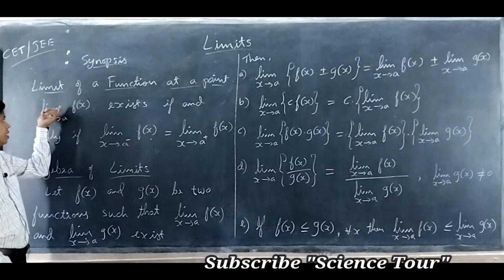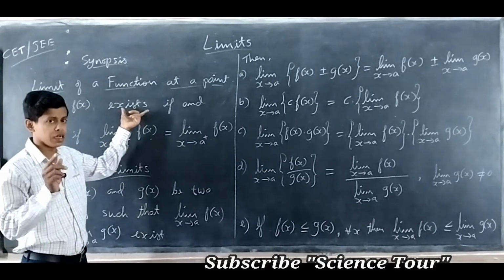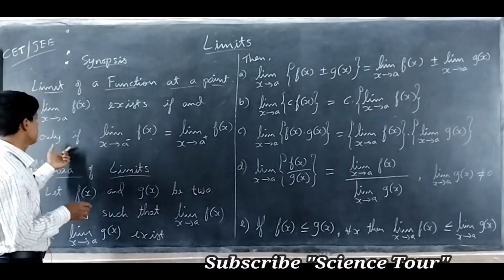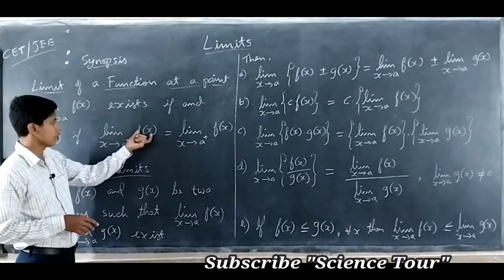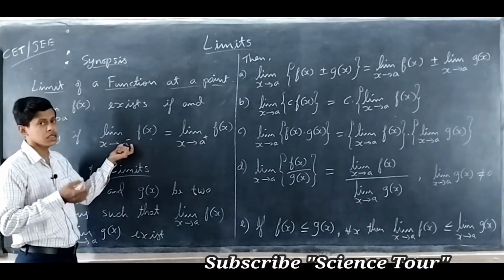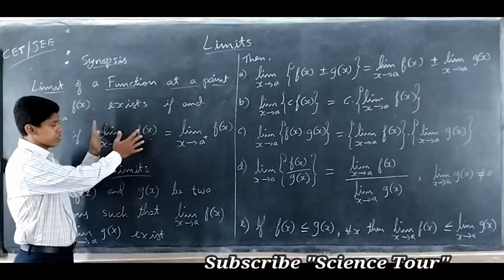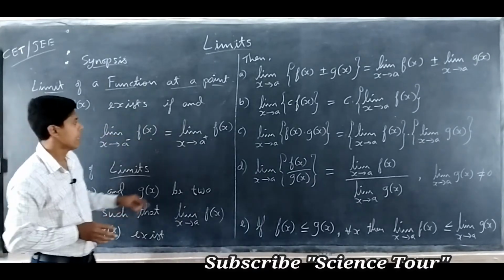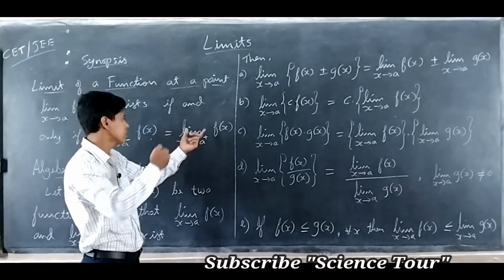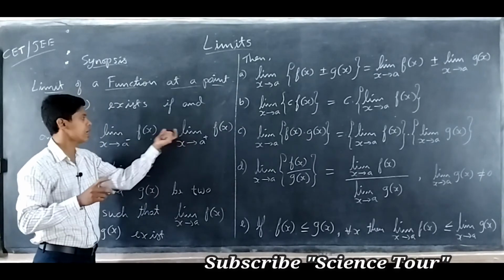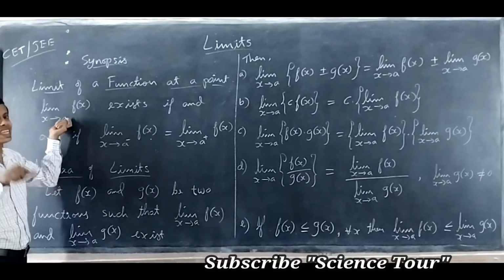The limit of f of x as x tends to a will exist if and only if the left hand limit, LHL, that means the limit of f of x as x tends to a minus, as you approach a from the left hand side, gives a certain value, and as you approach a from the right hand side, that is the RHL, and if both LHL and RHL are equal, then we say that the limit of the function at a exists.